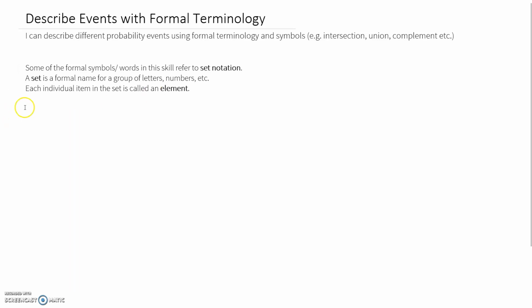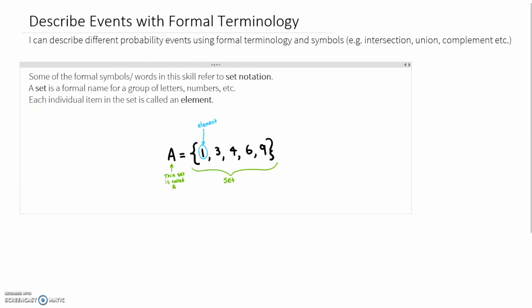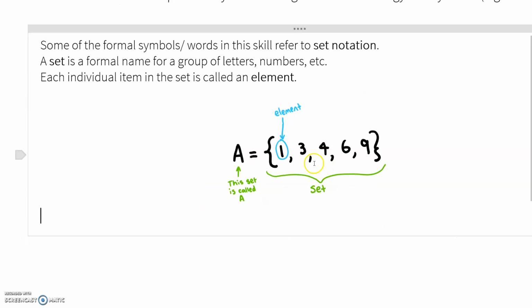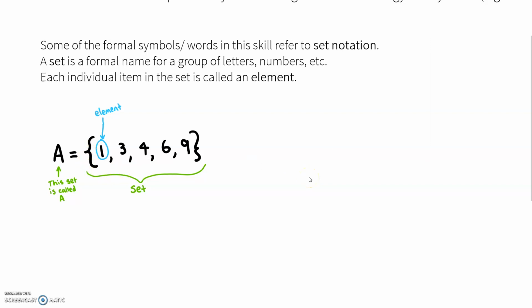So let's have a look at what that actually looks like when we write it down. Here we've got an example of a set. And again, just like when we did sample spaces, it has these curly brackets on each side. And this set is called A. We just gave it a letter. Doesn't really matter what letter, but we called it A. And so we said A equals this group of numbers.